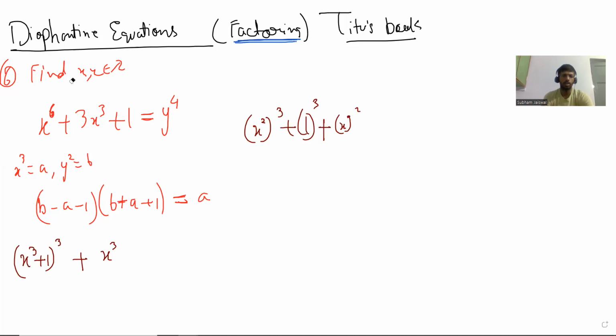Hmm. No, it is x square plus 1. No, no. x cube whole square. This one is correct. Yeah, but then this was not good.